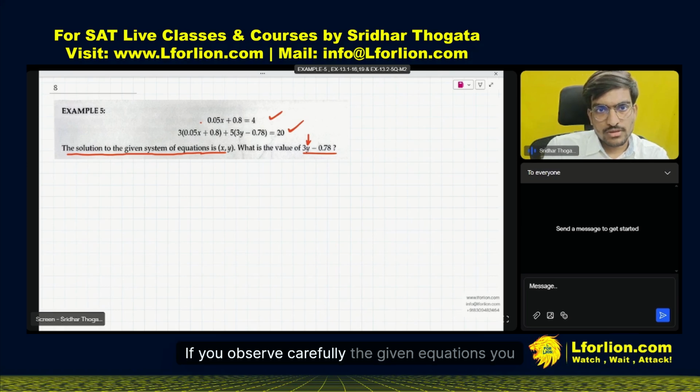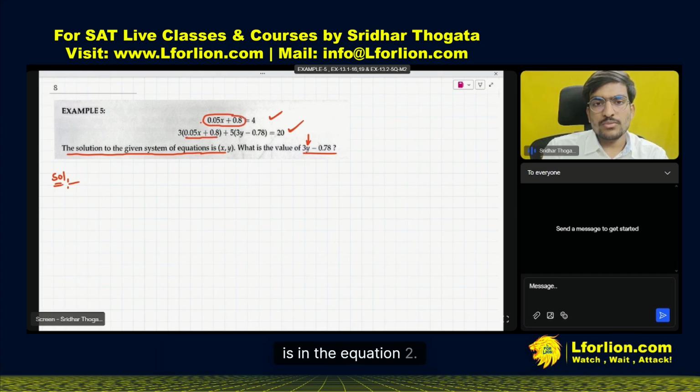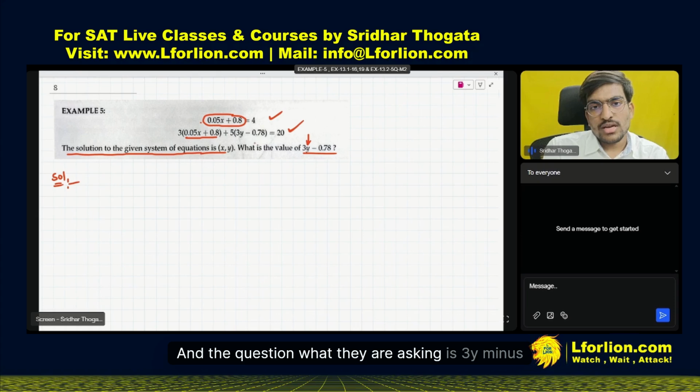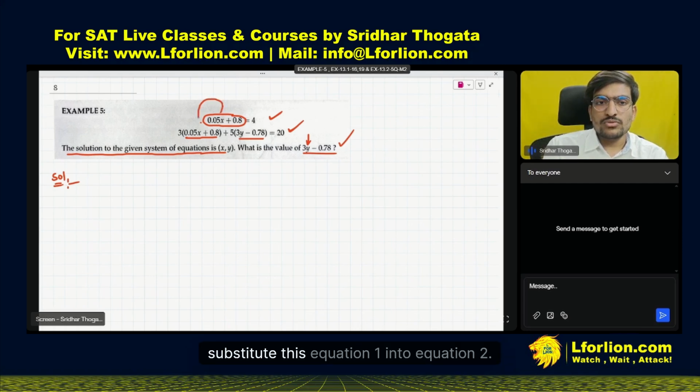If you observe carefully the given equations, you see here 0.05x plus 0.8, that is exactly same which is in equation 2. The question what they're asking is 3y minus 0.78, that is exactly which is in equation 2 again. So what I'm going to do is, first I'll just substitute equation 1 into equation 2.